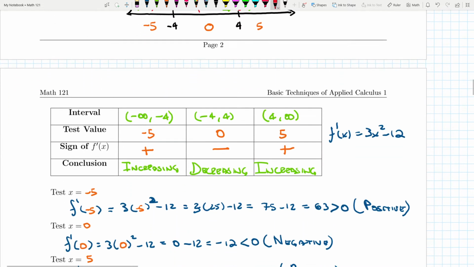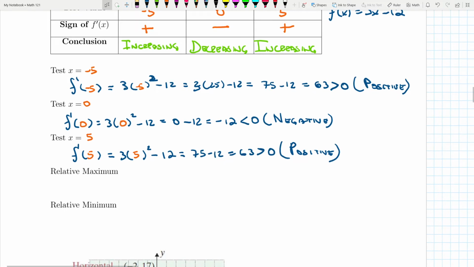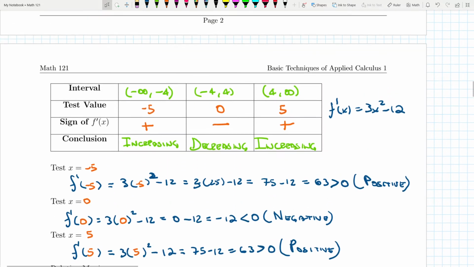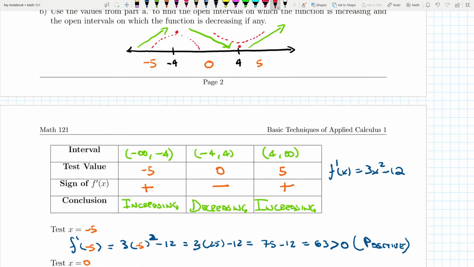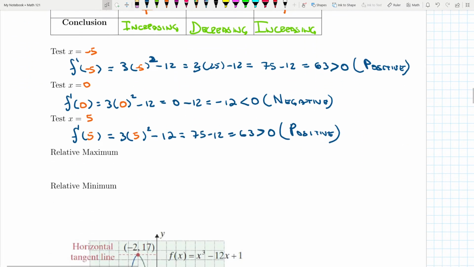And then from there, now that we have the information, we have a relative maximum at -4 and a relative minimum at +4. Okay, so for the maximum, evaluate not the derivative, but actually the original function f of -5.